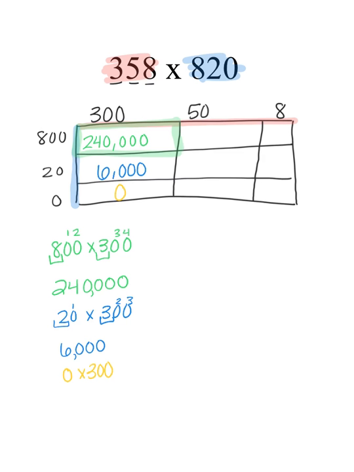In the next box, I would have 800 times 50. Taking those leading digits, 8 times 5 is 40, and there are 1, 2, 3 zeros. So 40,000 will go in this box here.